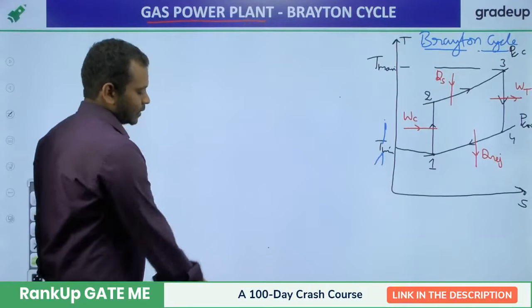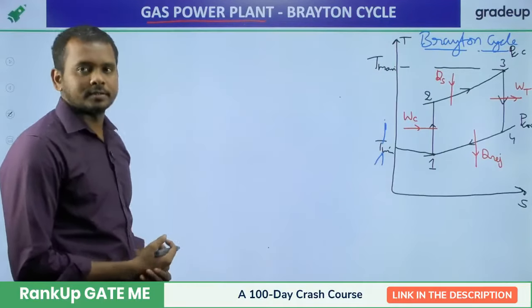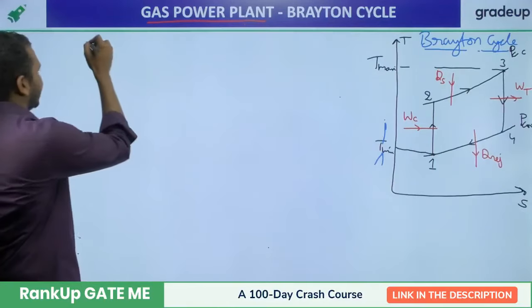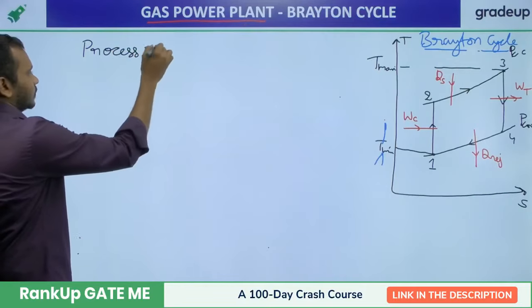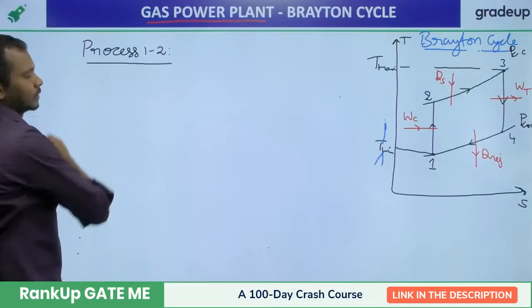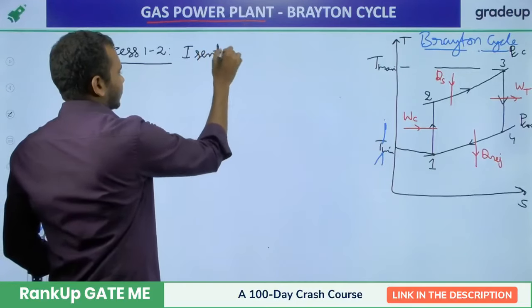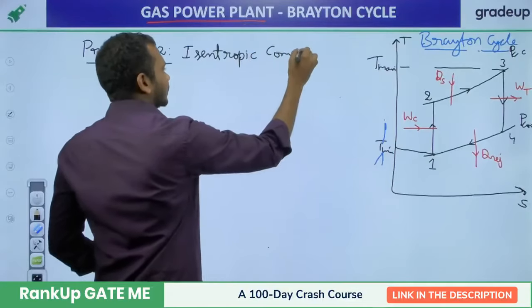Now, let's see the energy transfers across the components. Starting with process 1 to 2. What is the process 1 to 2? Isentropic compression.